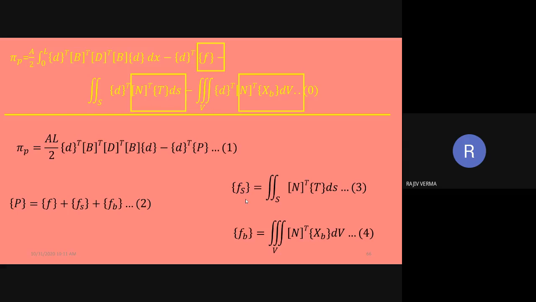Now, discussing something about equation number 3, and a similar discussion is going to be applicable for equation number 4 also.